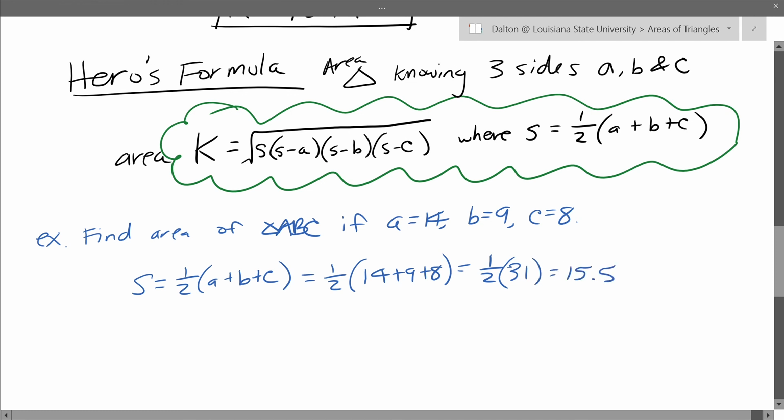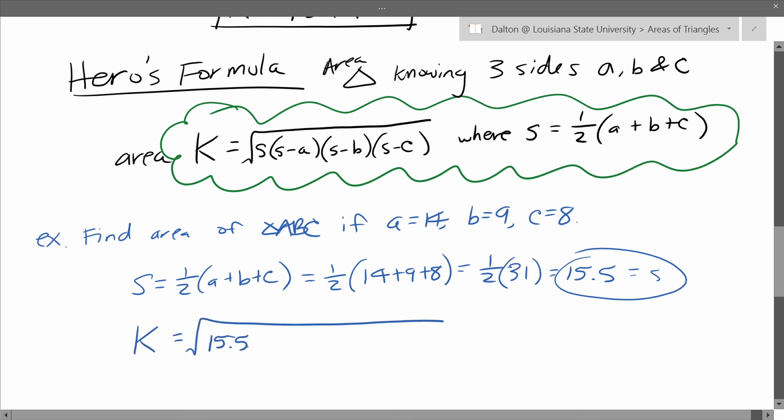So S is equal to 15.5. So when we substitute that into the formula, area K is equal to the square root of 15.5 times S minus A. So that's going to be 15.5 minus A, which is 14, times 15.5 minus B, which is 9, times 15.5 minus C, which is 8.